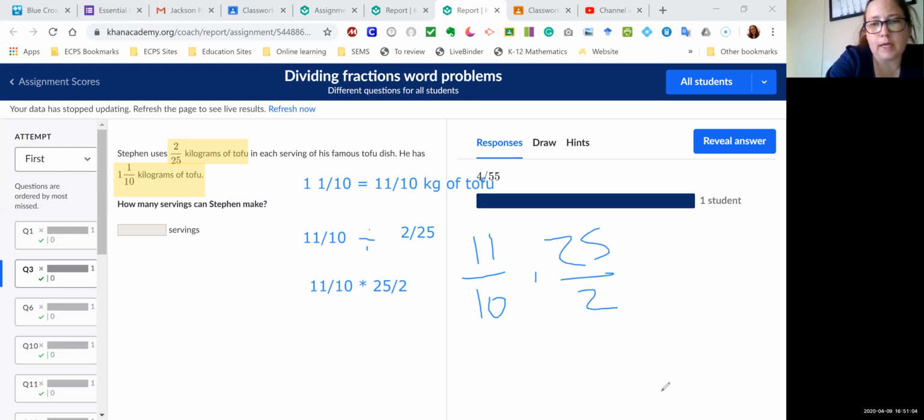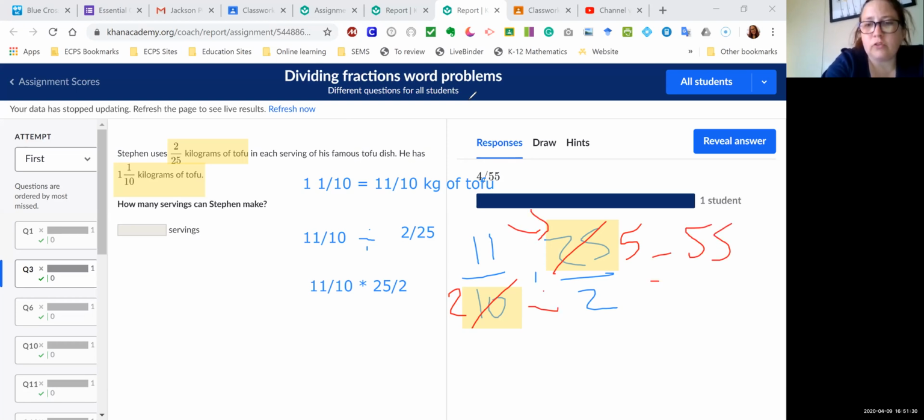And I know that if I'm looking just right here, 5 can go into both 10 and 25. So what I'm going to do is divide. 5 goes into 10 twice, and into 25 5 times. And then I'm just going to multiply. 11 times 5 is 55. 2 times 2 is 4.